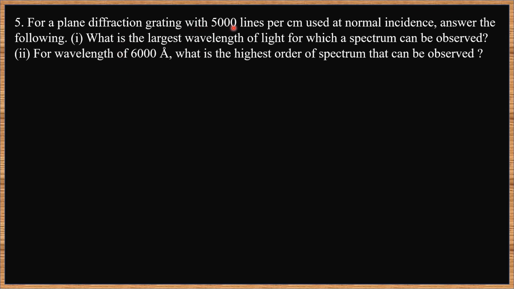First, what is the largest wavelength of light for which a spectrum can be observed? Second, for a wavelength of 6000 angstrom, what is the highest order of spectrum that can be observed? The second part we have done already, such a kind of problem. The first part is a new one. So let's do it.